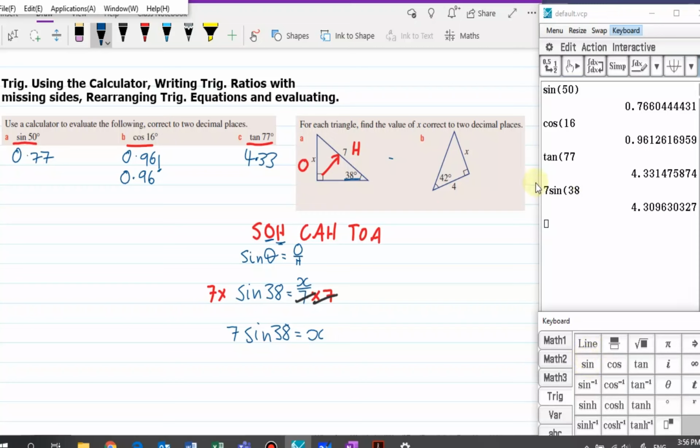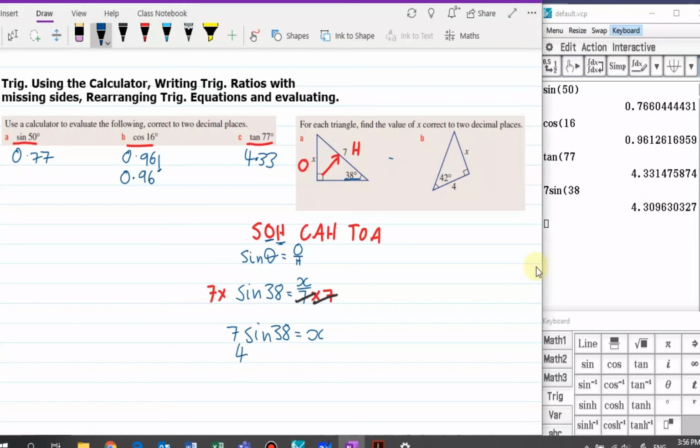Now we want it to 2 decimal places, so that 0 is going to be rounded up to a 1, as the 9 rounds that up. So we have 4.31 as the value for x.